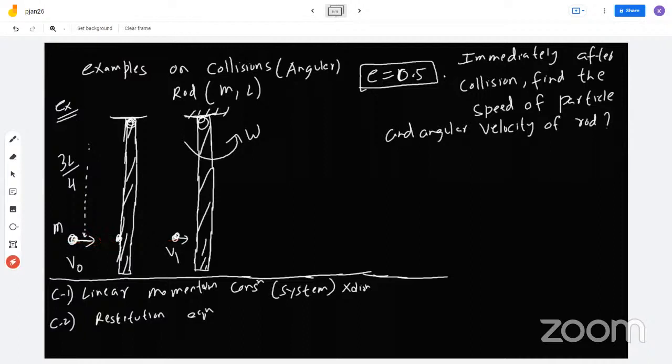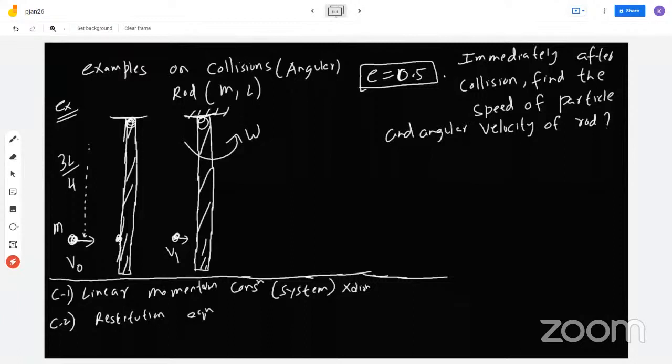Aryan, is the net force 0 on the system in the x direction? No. Why not? Because there is no opposite force. So the net force is 0, you are saying? Which force is there? Where is the force in the x direction?